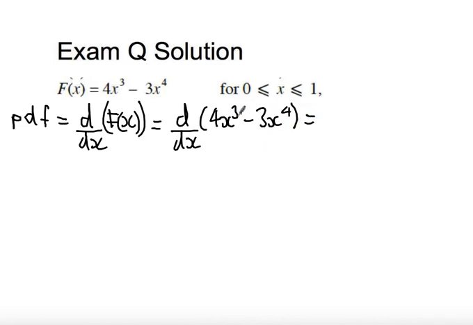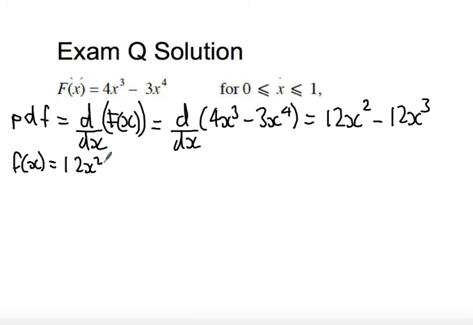So this comes out, just differentiating normally, there's nothing unusual about this. I get 12x squared minus 12x cubed. And we're done. That is it. So f of x is equal to 12x squared minus 12x cubed.